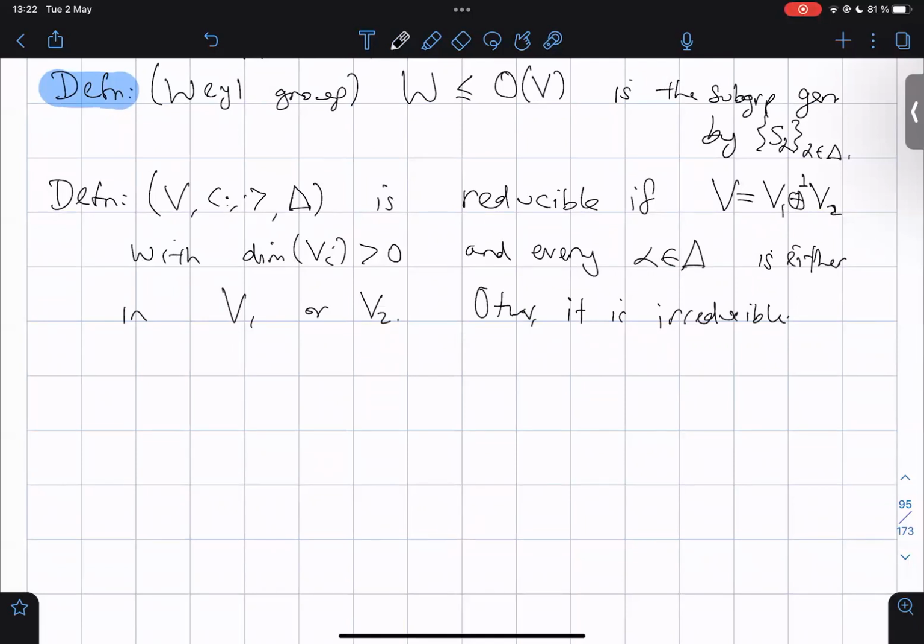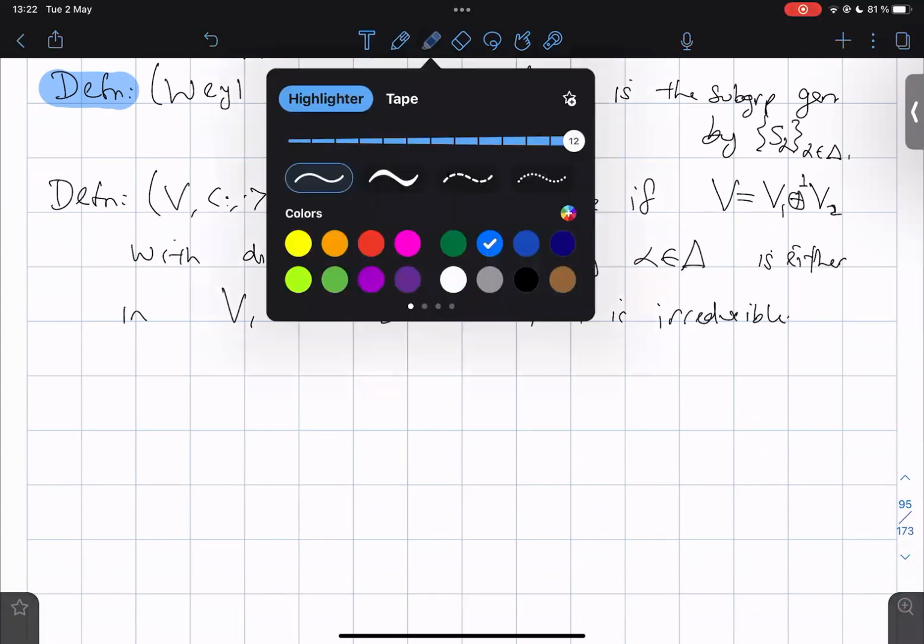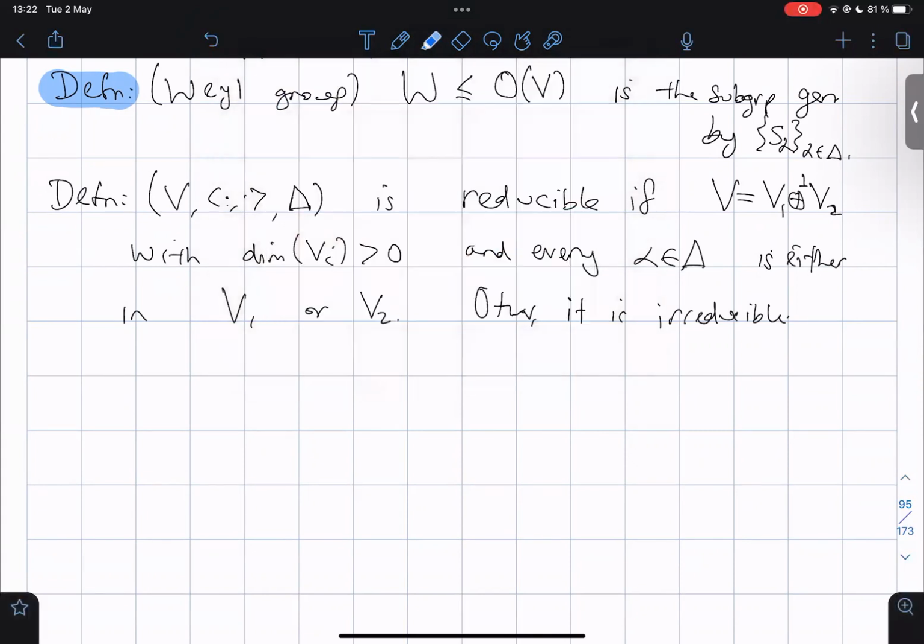So this basically corresponds, for semi-simples, to the cases where you are semi-simple and not simple, where you could break it apart. In terms of Dynkin diagrams, you have different connected pieces.